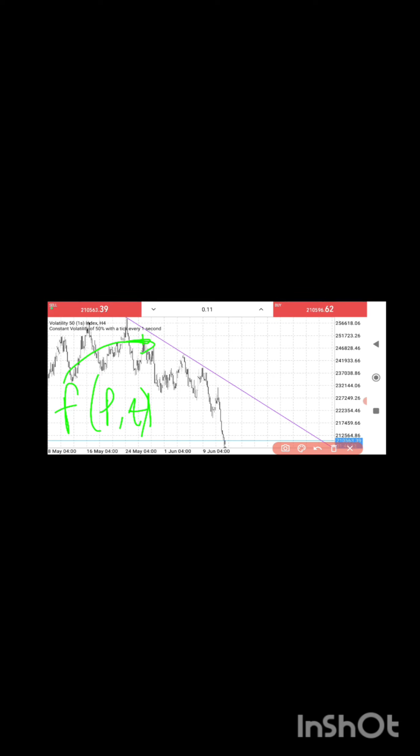Now, if price is greater than this f, you should not sell. So all prices within this shaded region are not going to be traded as a sell.